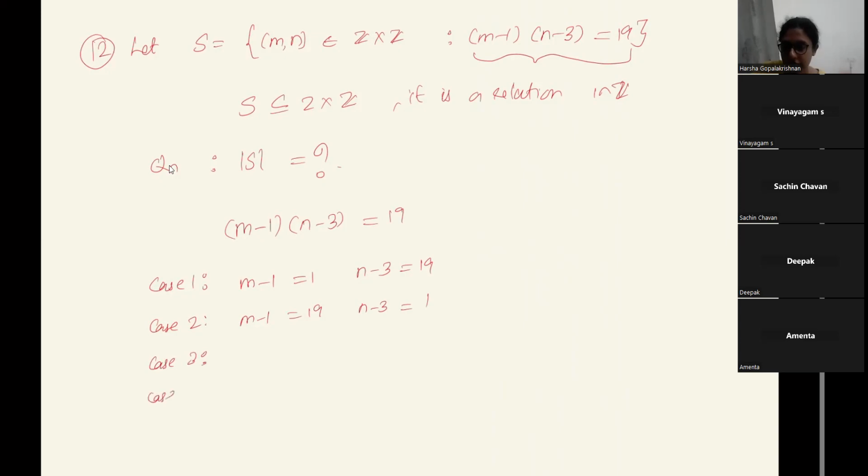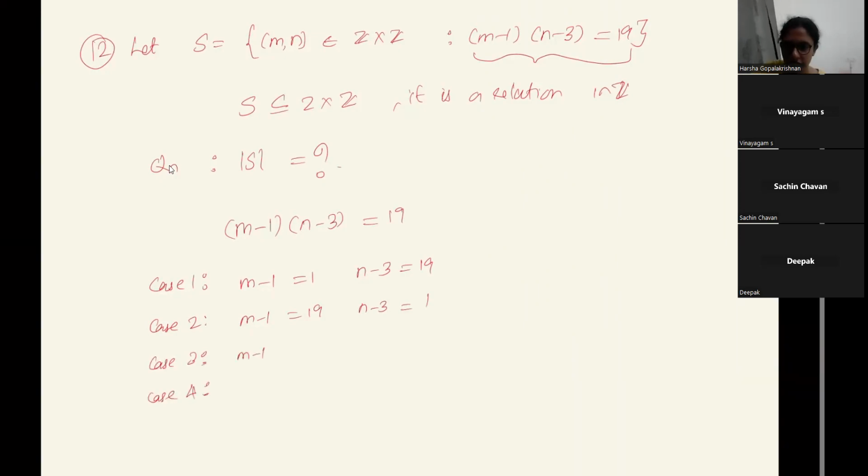We have negative integers. I can take 19 as minus 1 into minus 19, right? m minus 1 equal to minus 1 and n minus 3 equal to minus 19.